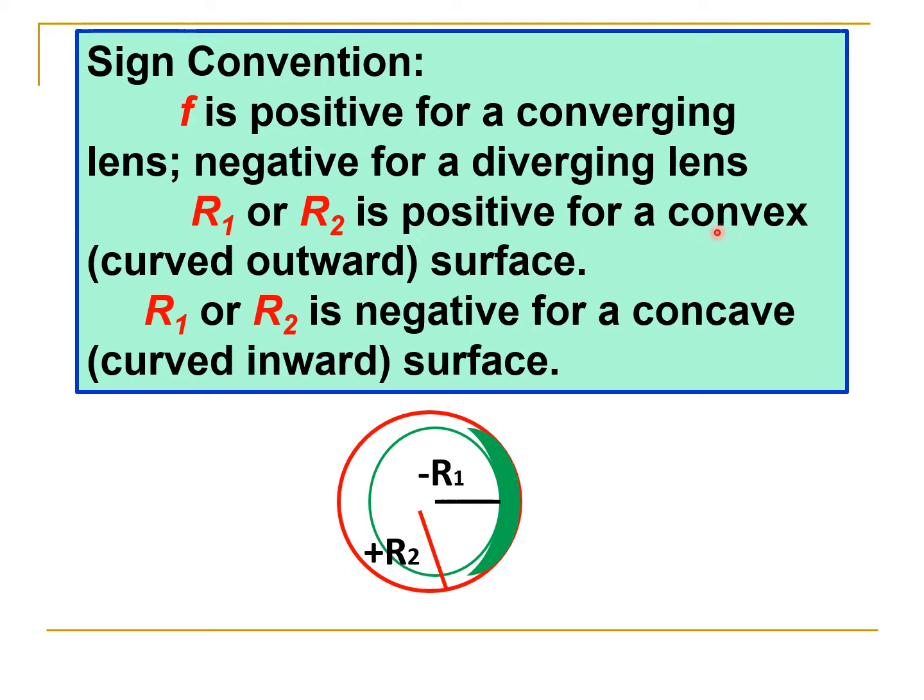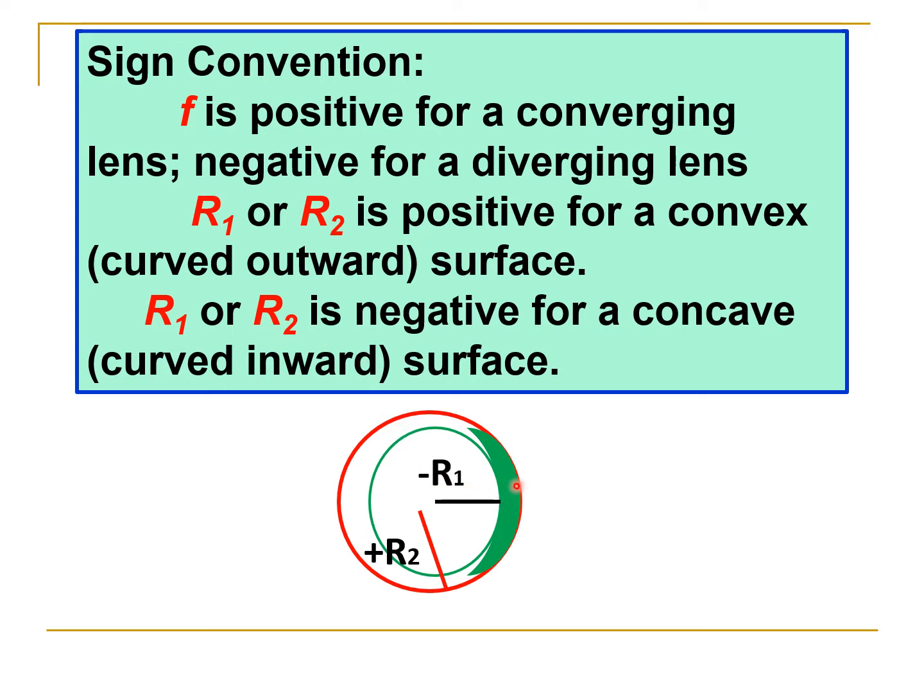We know that the surface is convex because it is curved outward. So if the surface is convex, we consider the radius, either R1 or R2, to be positive. But if the surface is a concave surface, meaning it is curved inward, then we treat either R1 or R2 to be negative. Here is an illustration.